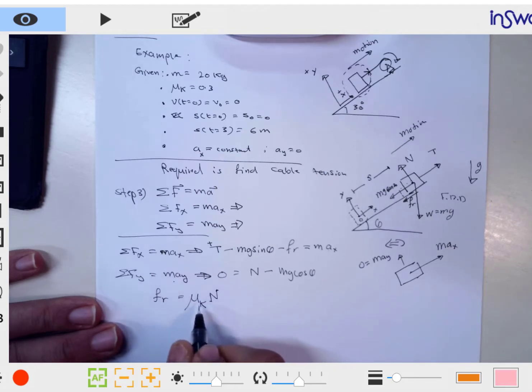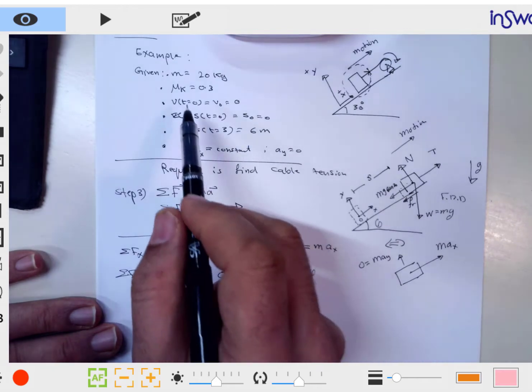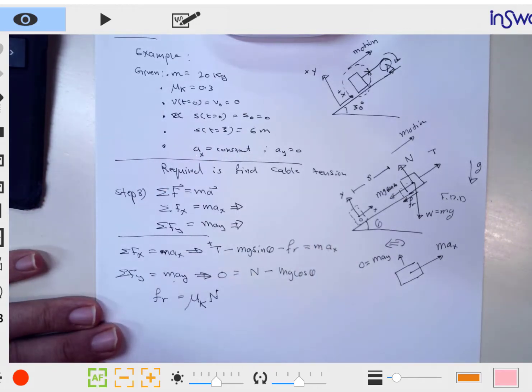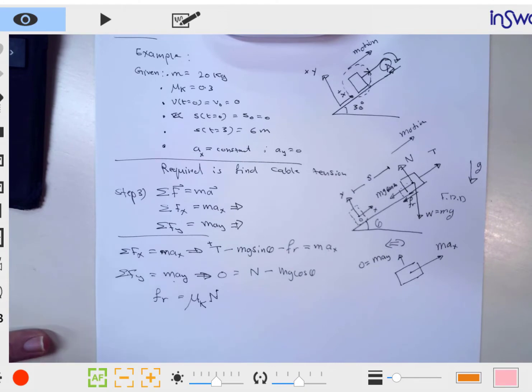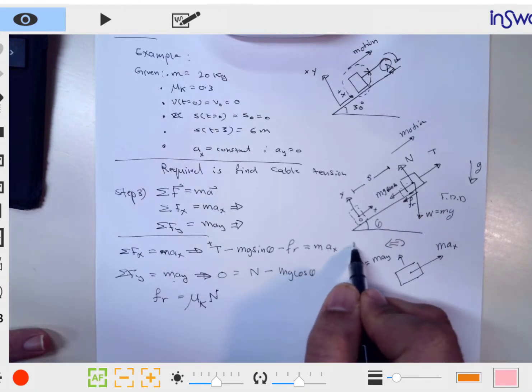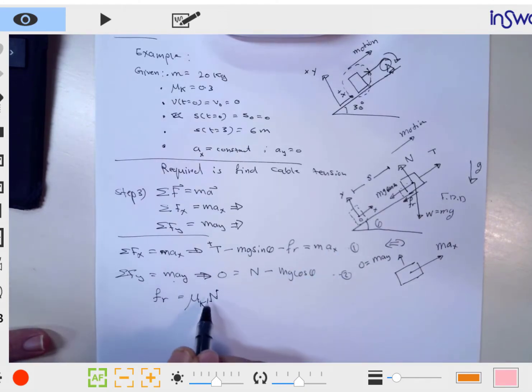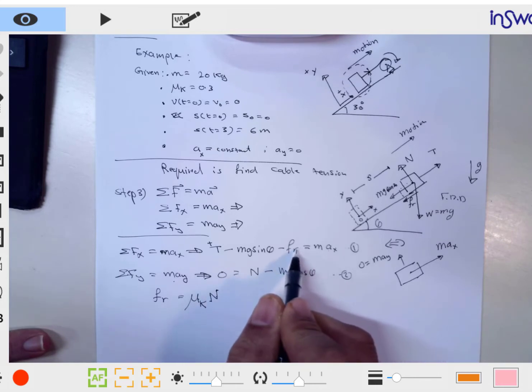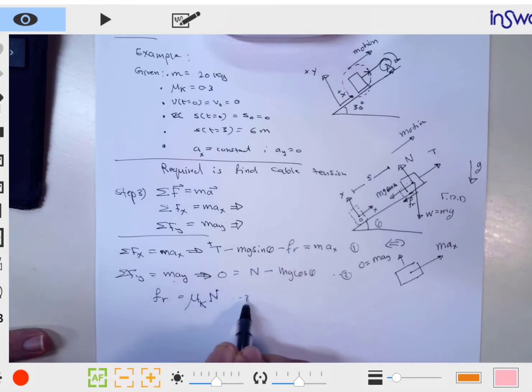And we don't know the reaction force, but we know this value, and I think we have it here, 0.3. Alright, so we have one equation, two equations. In fact, I can plug this here and then make it 3 equations.